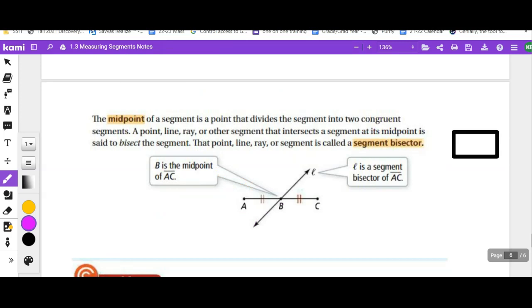Okay, we're going to talk about some more terminology. A midpoint of a segment is a point that divides the segment into two congruent segments. The notation for this could be like the tick marks say that segment AB is congruent to segment BC. I look at those marks, I don't have to have a number, and I can know those are the same.